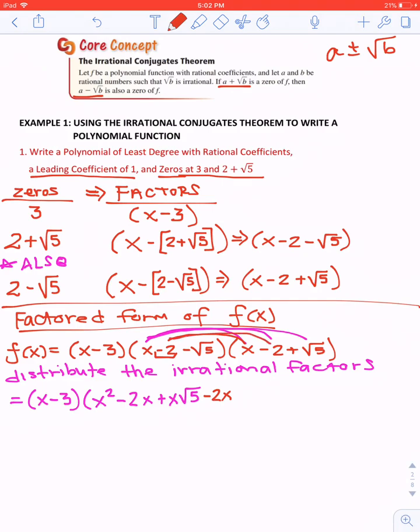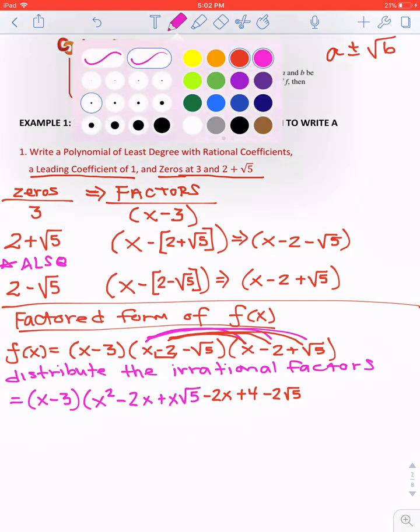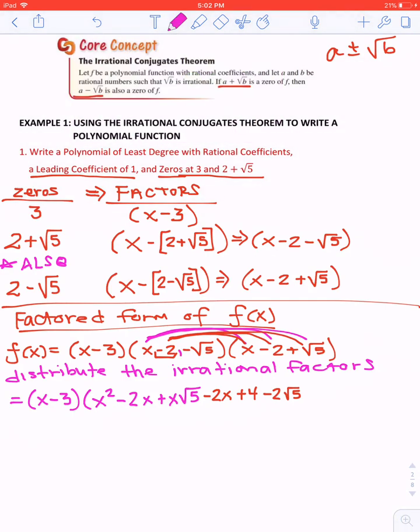Negative 2 times negative 2 is positive 4. Negative 2 times root 5 is minus 2 root 5. Then I need to take this negative root 5 and distribute it times the x. So minus x root 5, negative root 5 times negative 2, so that's positive 2 root 5.